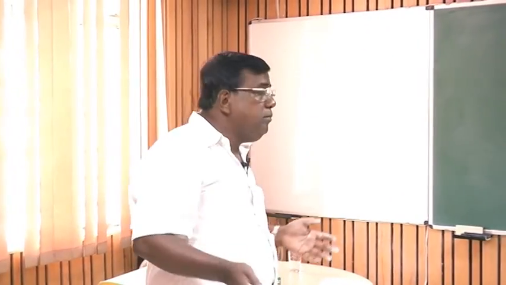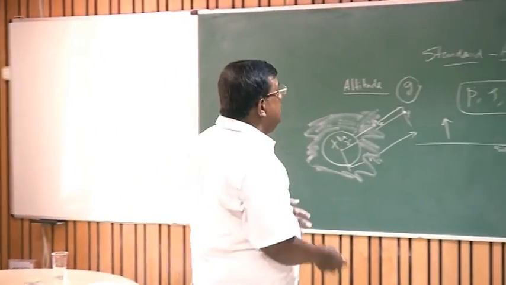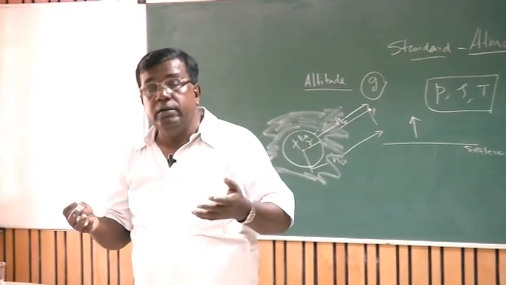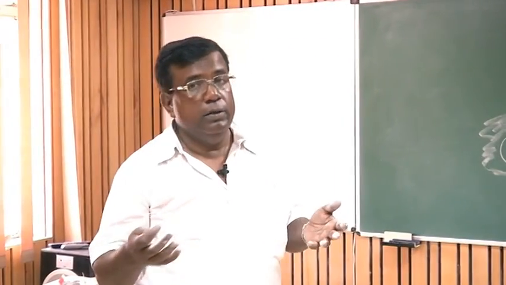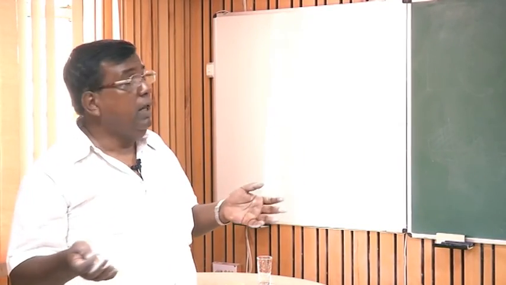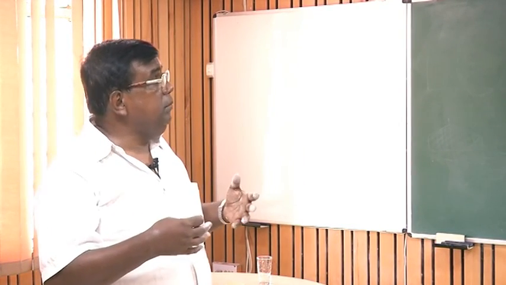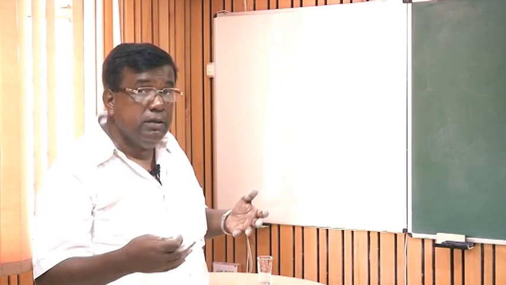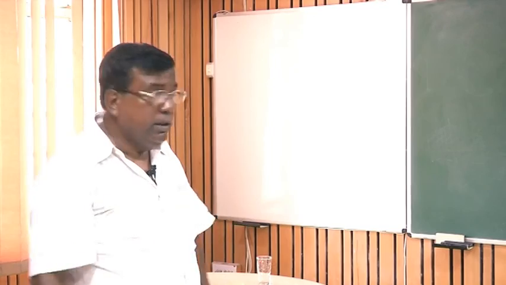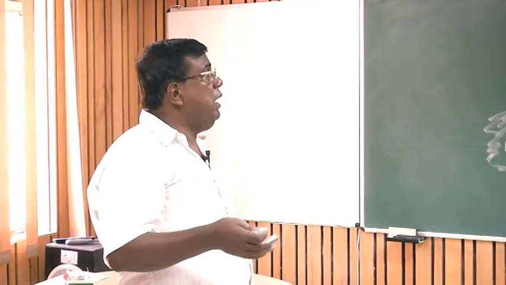Then through the table, I can know the standard values of pressure, density and temperature at any altitude, which will be used to compute the performance of different airplanes, or to compare against internal test results and corroborate them. So the next lecture will be on standard atmosphere.